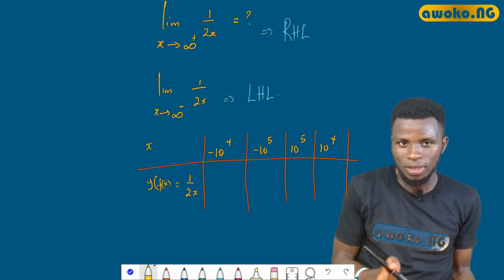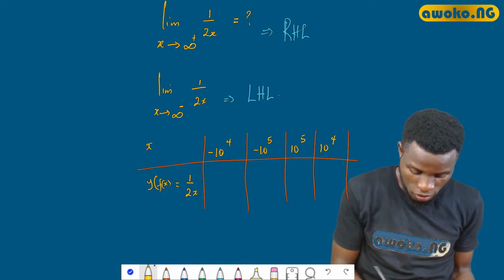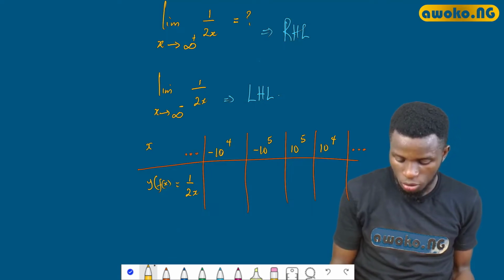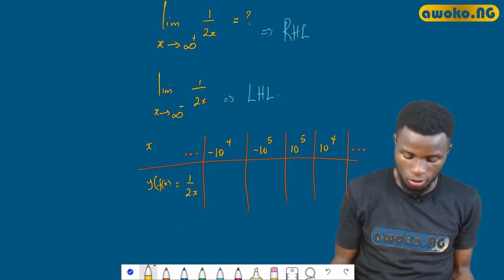For lack of space, remember we have some values approaching from this end, and we also have some values approaching from the other end.